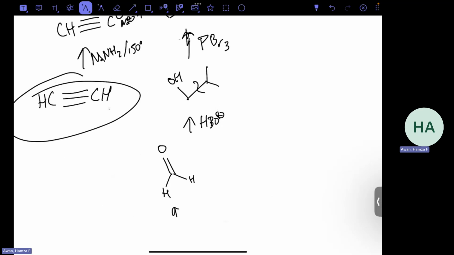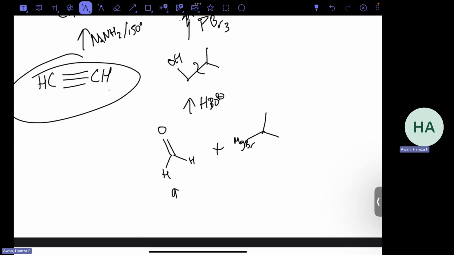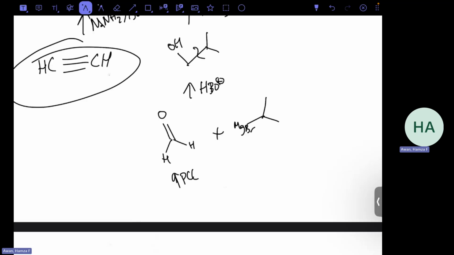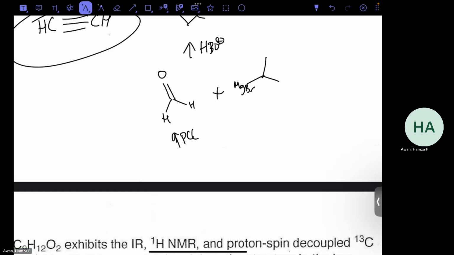And then this will also be done with this MgBr. And if we go to the left side again, sorry, we do PCC, and we create our CH3OH.